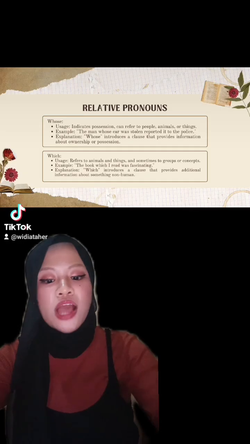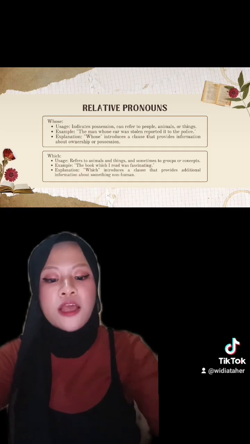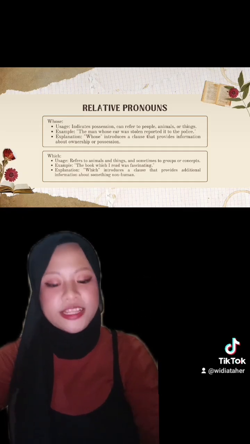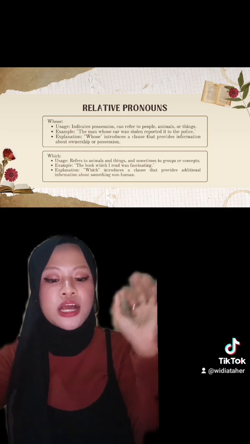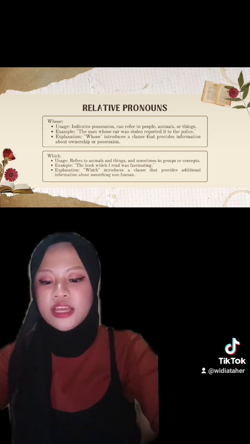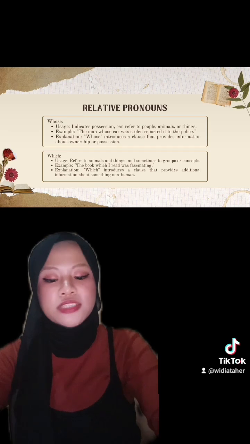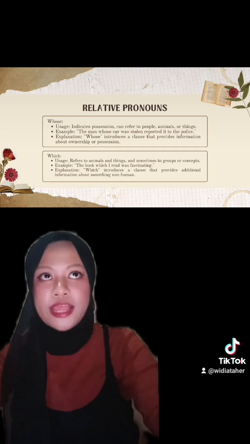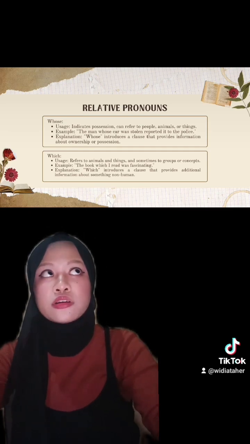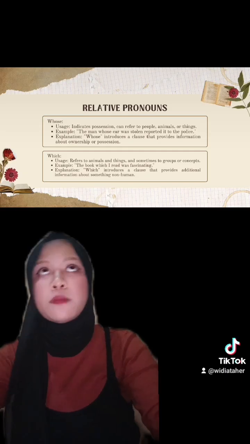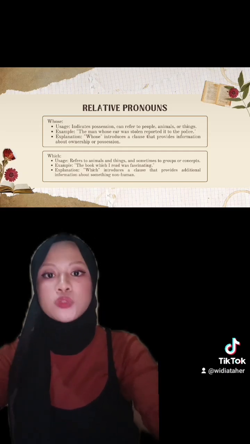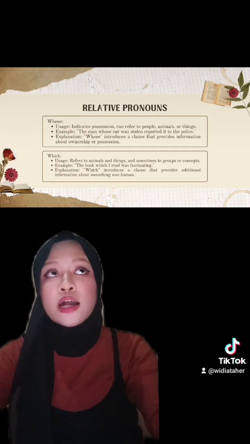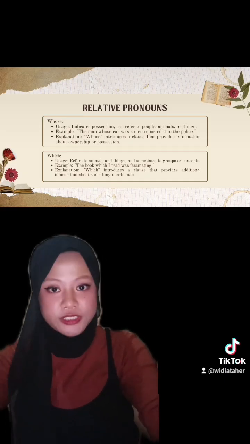Example, the book which I read was fascinating. Which introduces a clause that provides additional information about something non-human. We can use it to give more information about things we read, we eat, or we are talking about to people who hear our conversations.